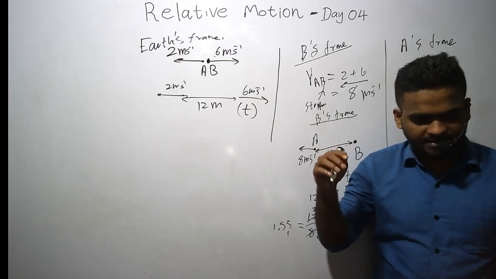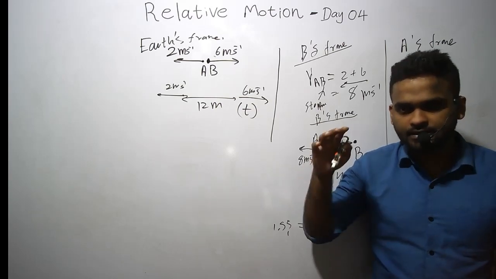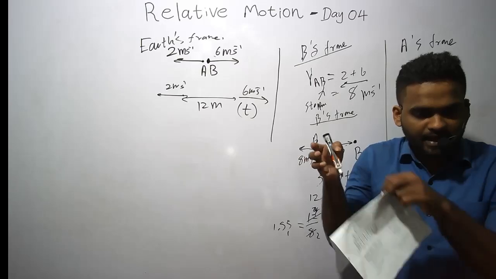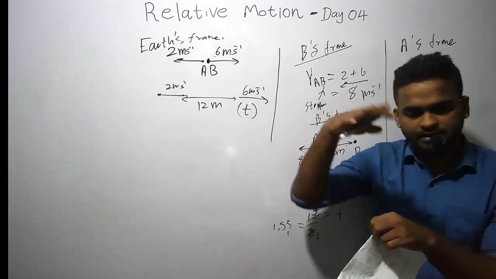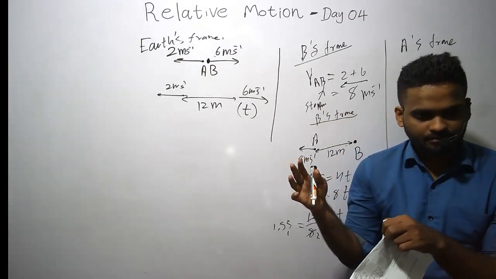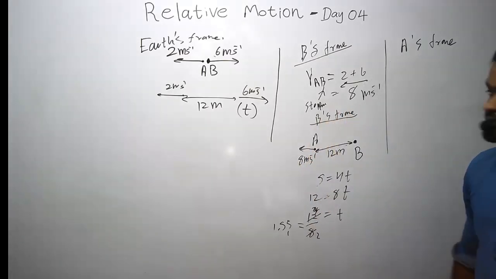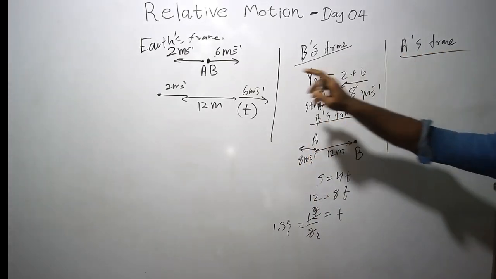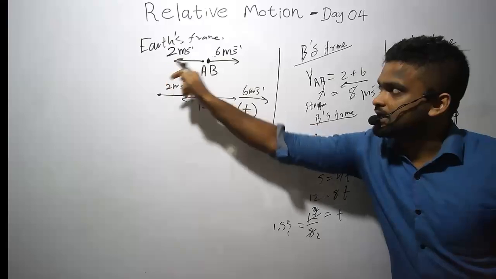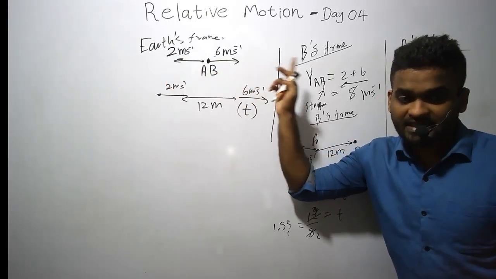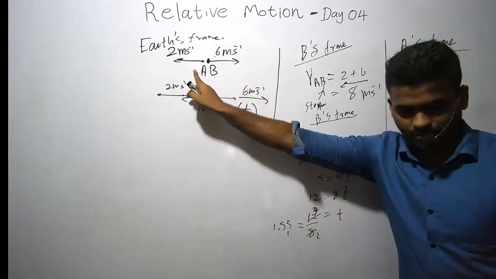Relative to A means A is stopped. A is stopped. As if A is stopped, how do you see the remaining objects? Right? So what if A is stopped? A is moving to this side, B is moving to this side. But here you have to consider A is stopped.